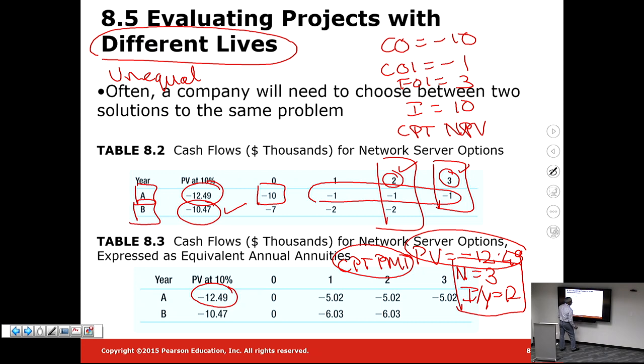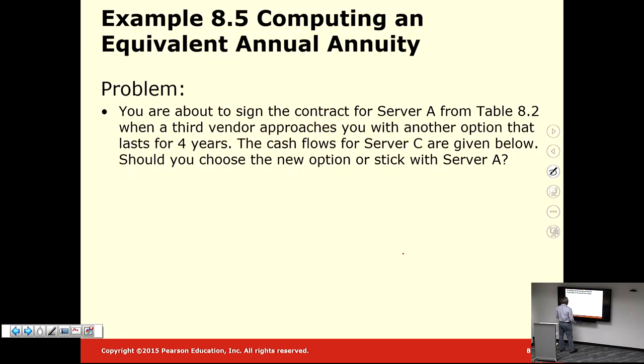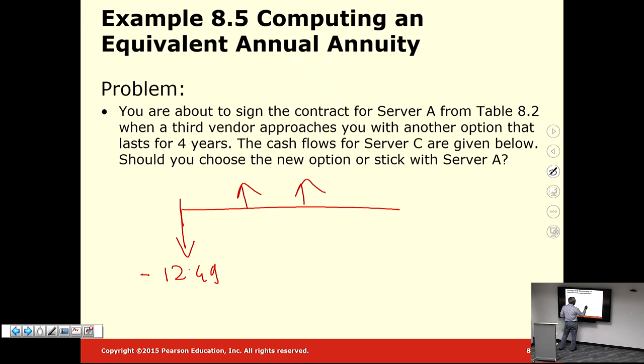I compute payment. What am I actually computing? I'm essentially asking the question, if I have a present value of negative 12.49, what will be the year-to-year annuity?